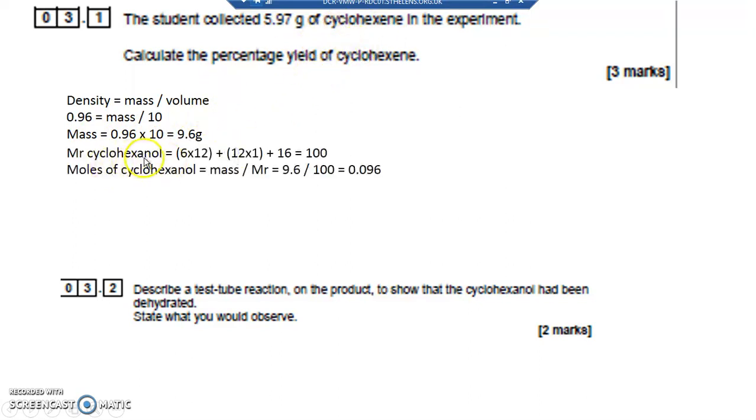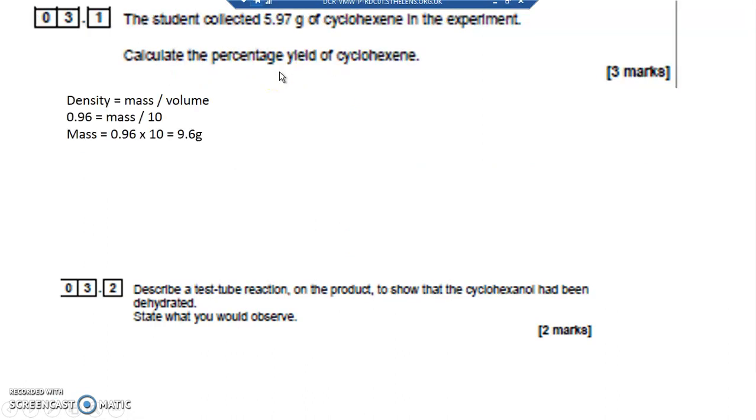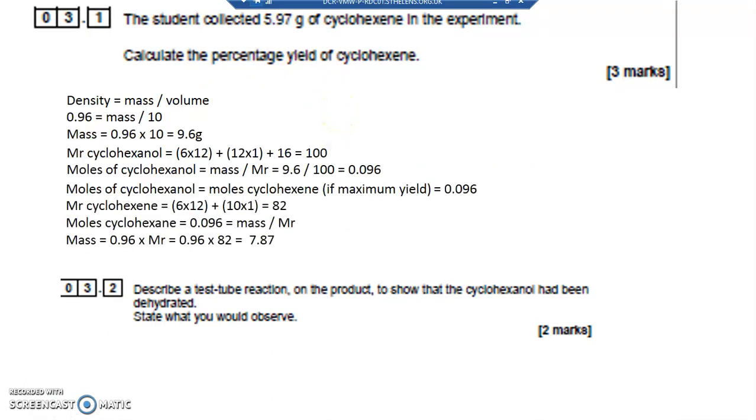We can work out the Mr of cyclohexanol, and we can work out the number of moles of cyclohexanol, because moles is mass divided by Mr, 9.6 divided by 100. I've got 0.096 moles of cyclohexanol. Now, 1 mole of cyclohexanol makes 1 mole of cyclohexene, so 0.096 moles of cyclohexanol should make 0.096 moles of cyclohexene if I get 100% yield.